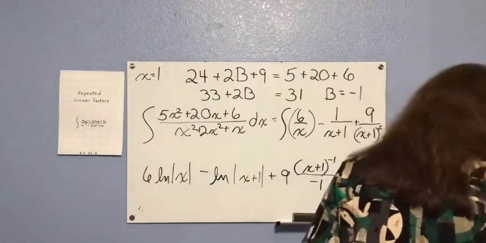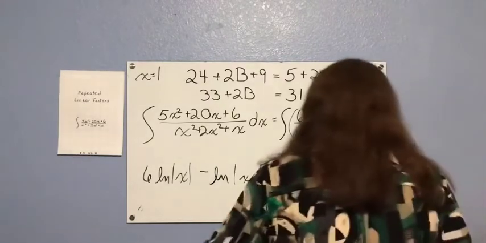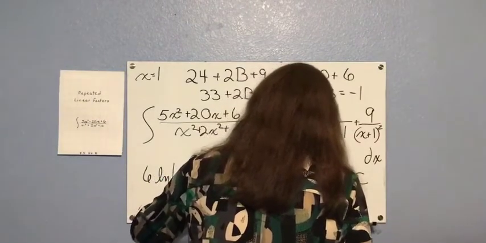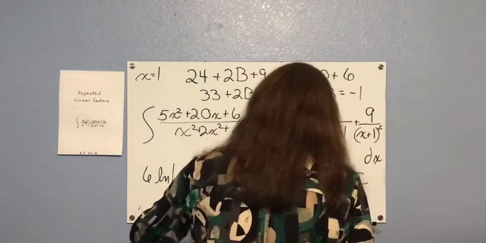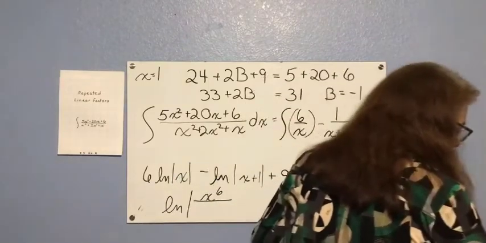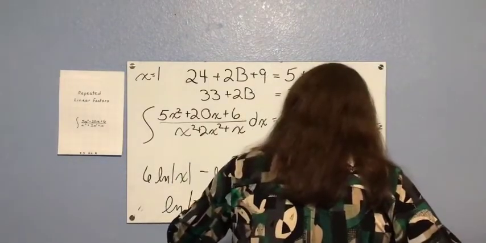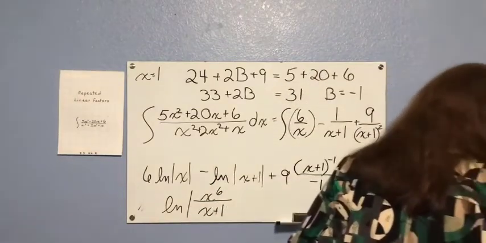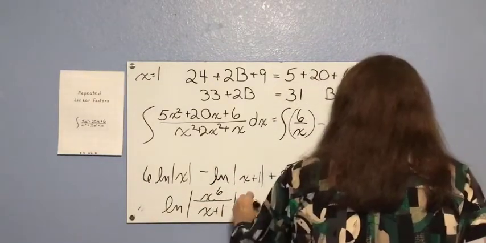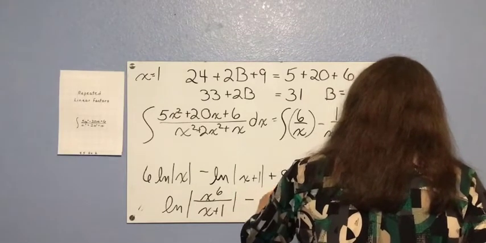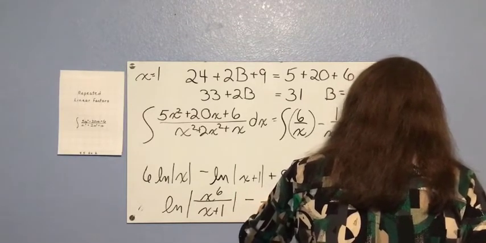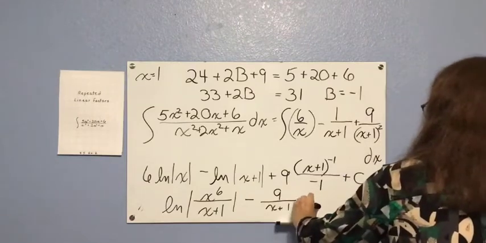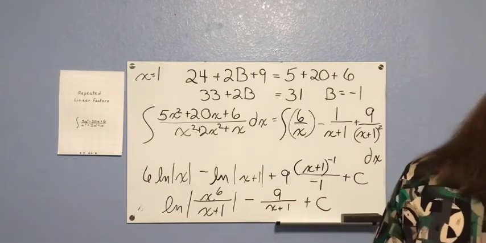And then combining, I get the natural log of x to the 6th over x plus 1, minus 9 over x plus 1, plus my constant.